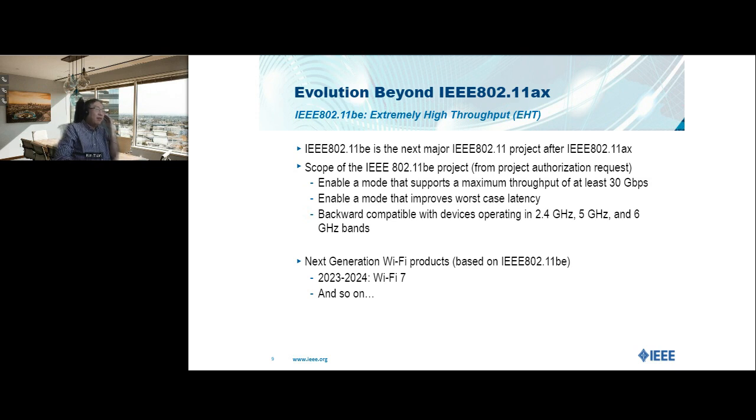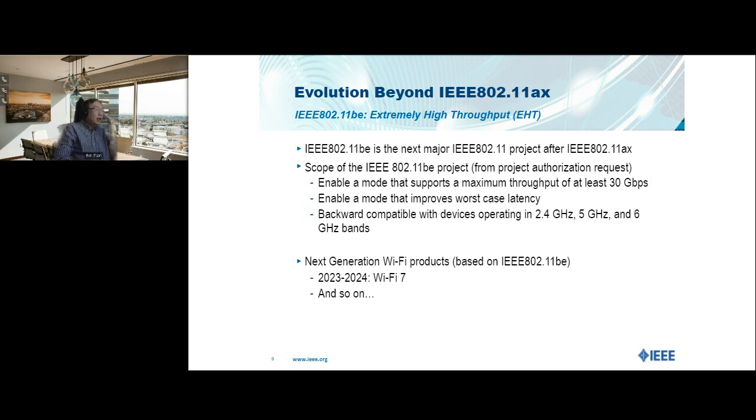The scope of the 11be project, from the PAR, the Project Authorization Request, is to enable a maximum throughput of around 30 Gbps, and also try to improve worst-case latency, improve multi-band device operation, and enable compatible operation between the 2.4, 5, and 6 gigahertz bands.